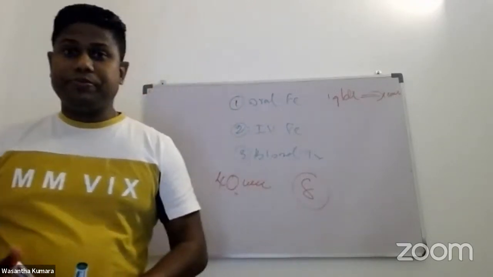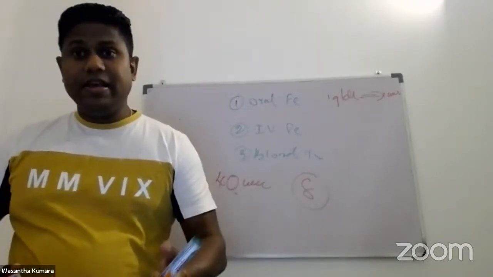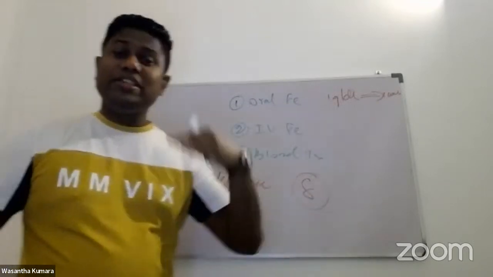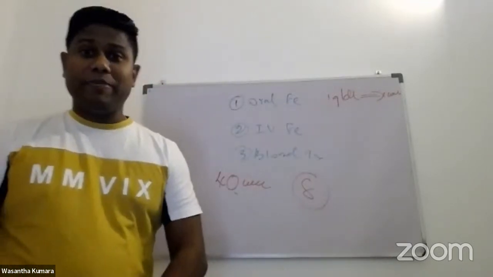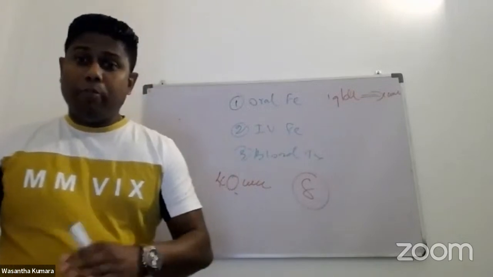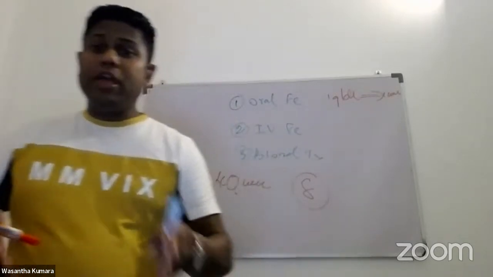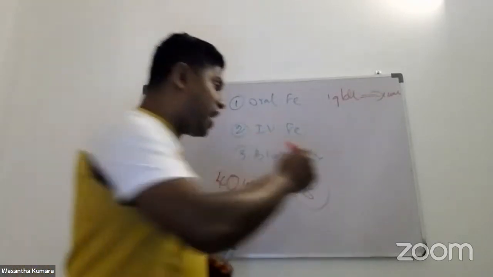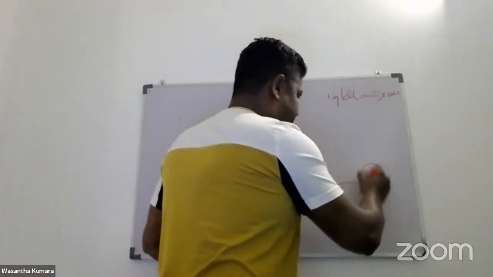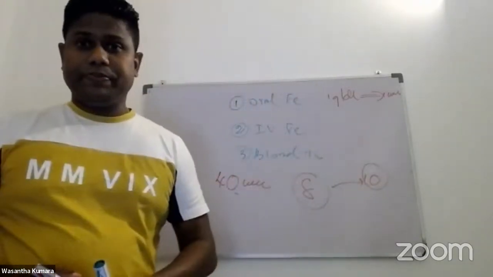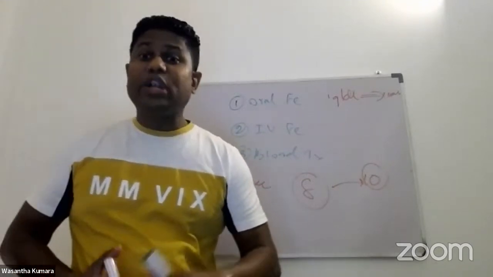What will you do? Now, this is a patient who has a very high chance of postpartum hemorrhage. So, in most cases, if you're going for a delivery, the hemoglobin level target should be at least 10. 10 is the target.